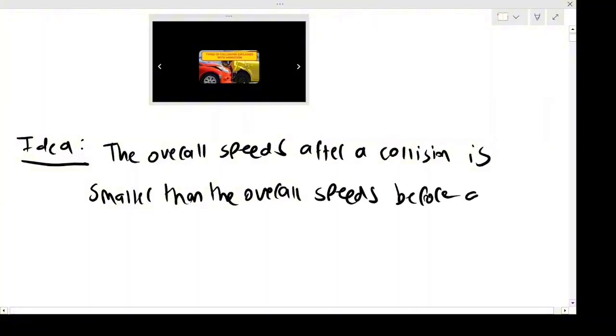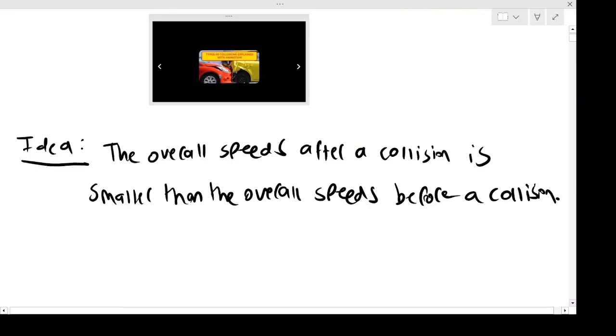Okay, so what am I saying here? I'm saying that when two things collide, they're basically going to be losing energy. Okay, and that means overall they're going to be losing speed.